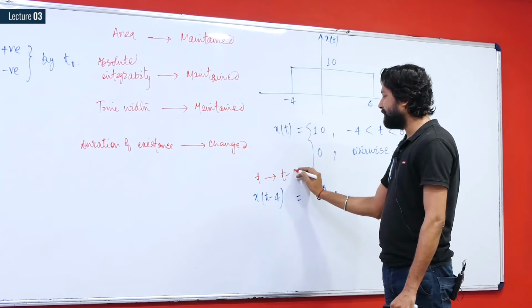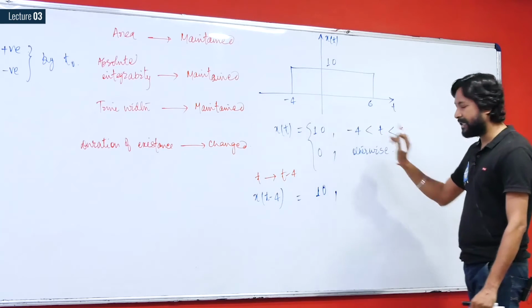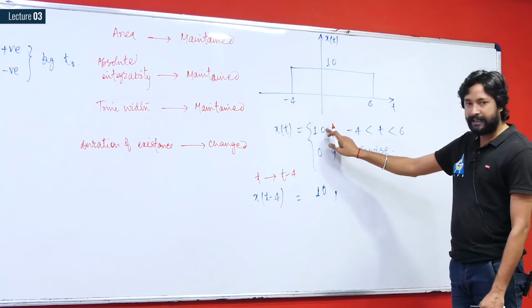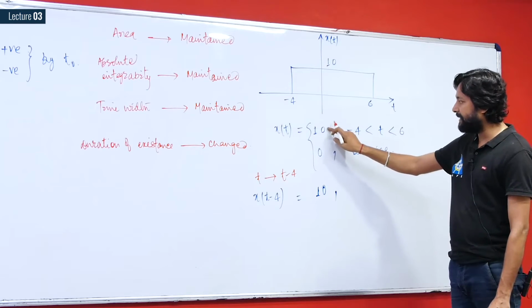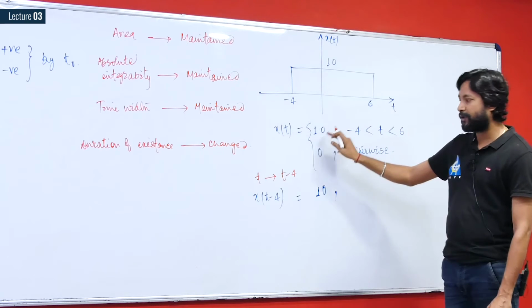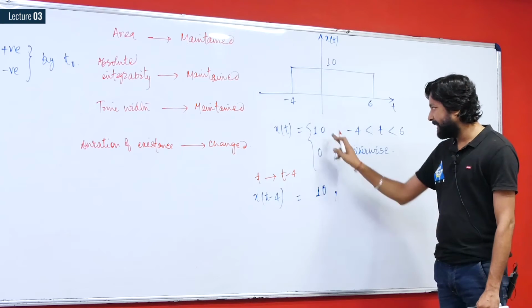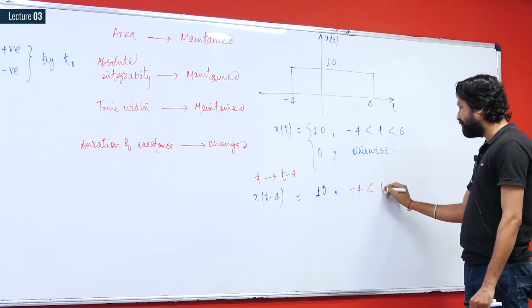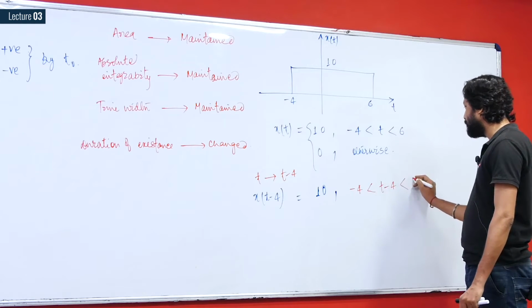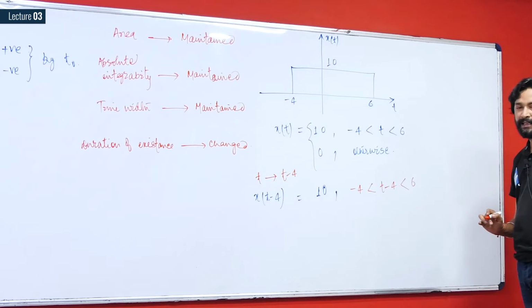You must replace on the right hand side also. Here the term is independent of t, therefore it remains the same, but if it were 10t, then you must replace that t also by t minus 4. So now it is 10 for the value of not t, but t minus 4 between minus 4 and 6.